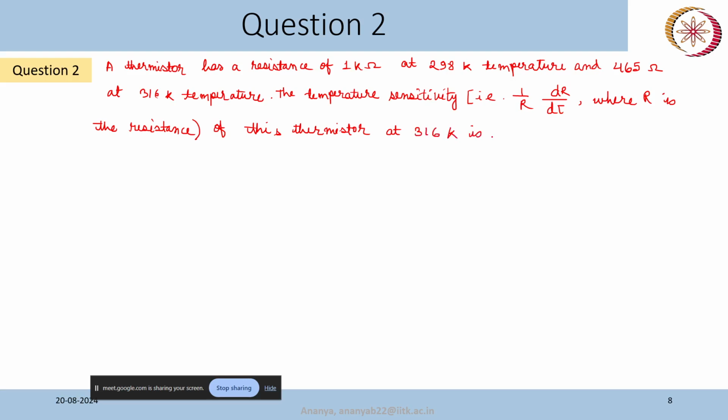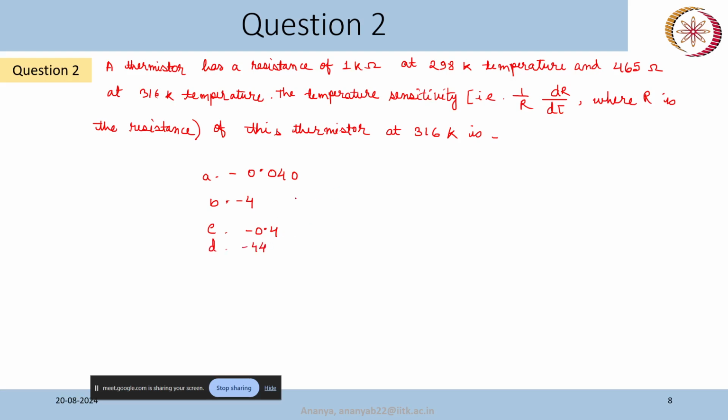The options are A minus 0.040, B is minus 4, C is minus 0.4, D is minus 44.